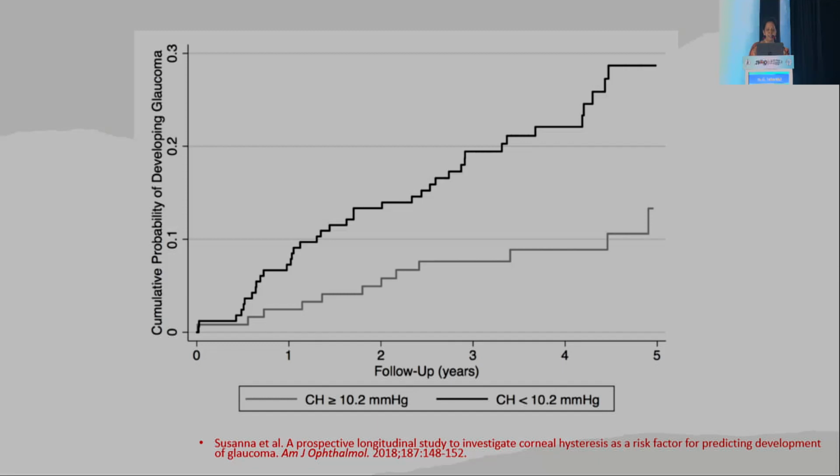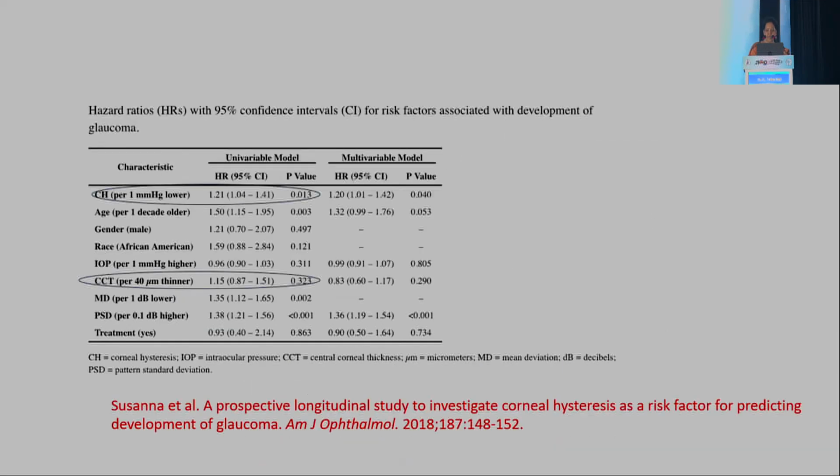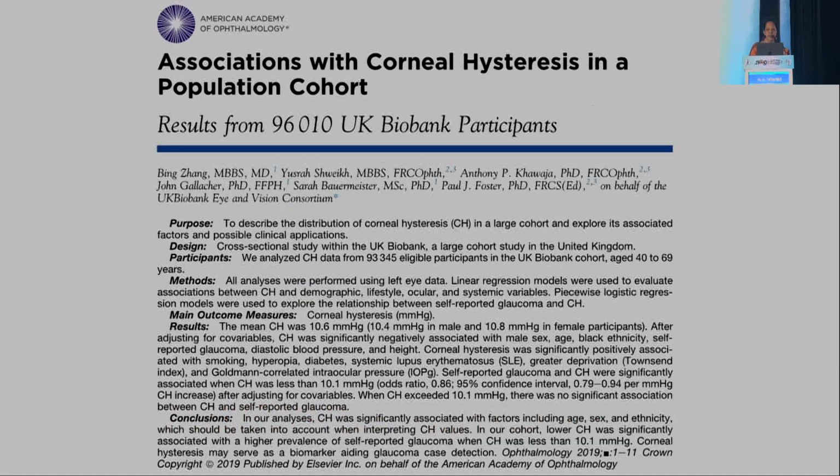They showed that the cumulative probability of developing glaucoma is higher when the CH is less than 10.2, the dark line. So it is a risk factor for predicting glaucoma. In the same paper, the hazard ratio was calculated for various parameters. For CH it was 1.21 with a significant p-value, whereas for CCT it's only 1.15 and not significant.